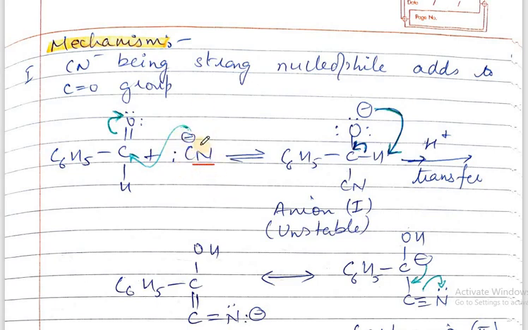It adds to the carbonyl carbon. In all the reactions we have done, the nucleophile attacks the carbonyl carbon, and these electrons move to this. So we get CN attached here, and the rest is the same: hydrogen is present, and then O negative.